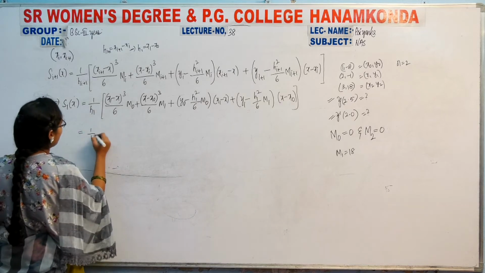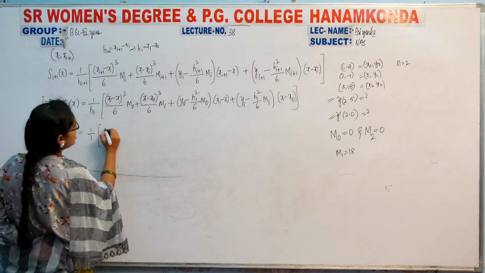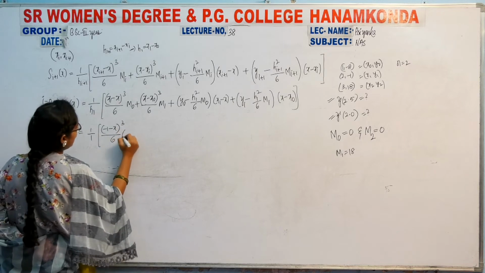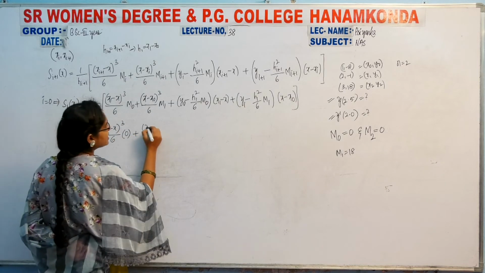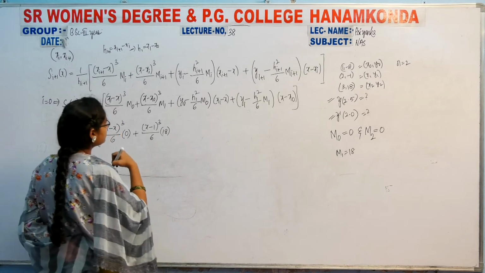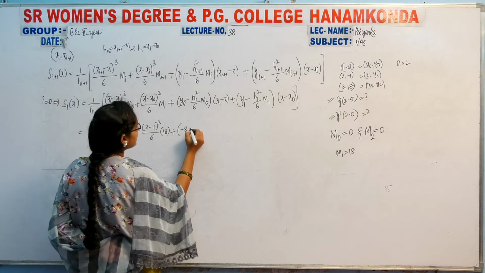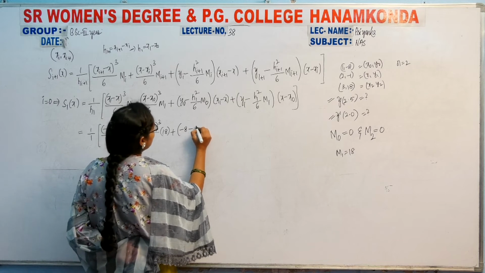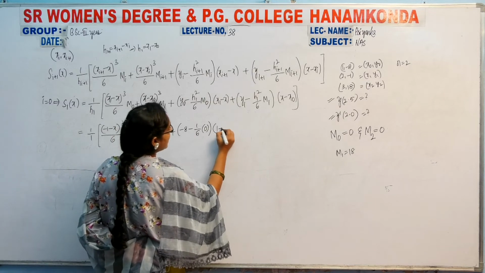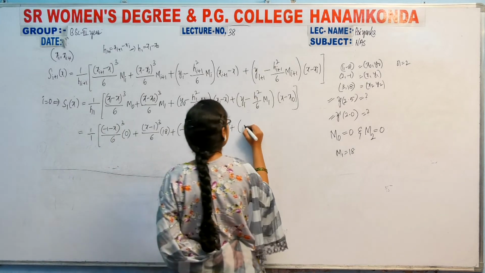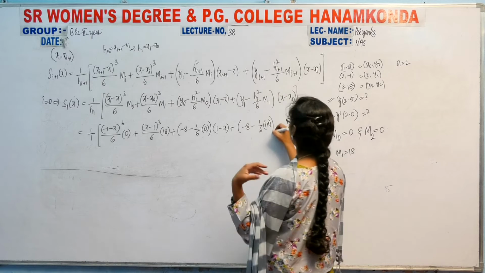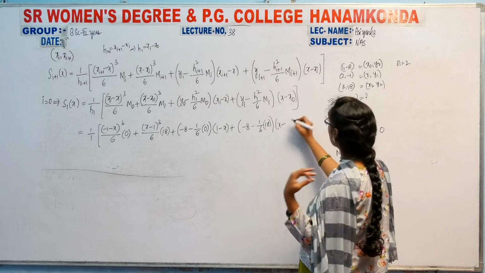So now it is 1 by 1. x1 is 2, so (2 minus x) whole cube by 6, m0 is 0, plus (x minus 1) by 6 whole cube, m1 is 18, plus y0 is minus 8 minus h1 square, 1 square is 1, by 6, and of course m0 is 0, into (2 minus x), plus y1 is minus 8 minus 1 by 6, m1 is 18. Next x minus x0, x0 is 1.